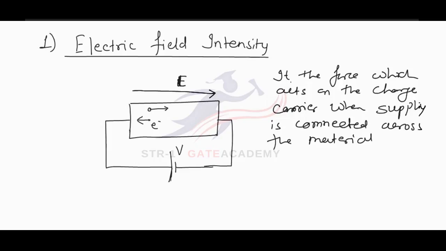So electric field is basically a force which acts on the charge carriers when a potential difference is created across its terminals. Mathematically, this electric field is defined as E equal to minus dV by dx.